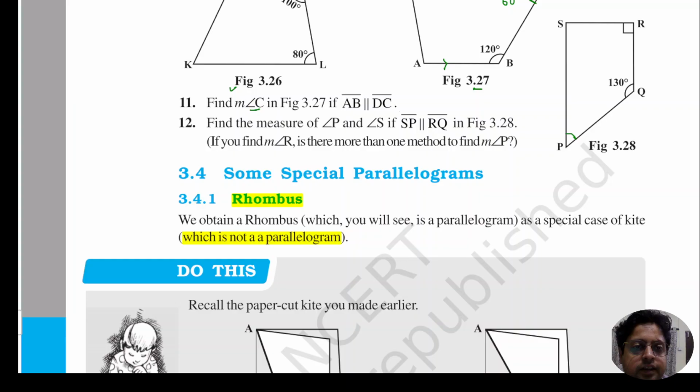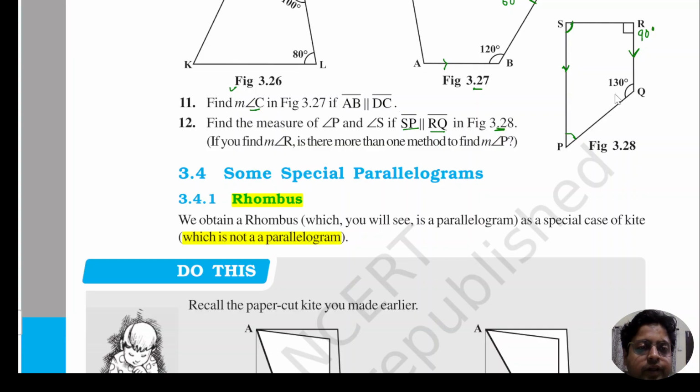Okay, so what does this sign mention? This sign mentions that this angle is perpendicular, that is angle R is 90 degree. Okay, so now since these two lines are parallel, PQ is going to be transversal.